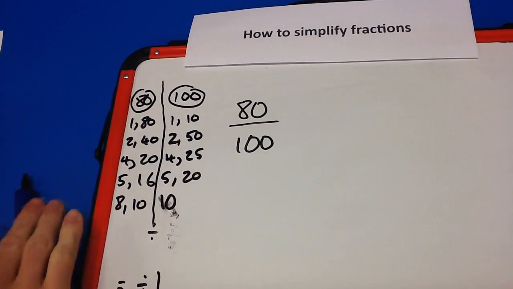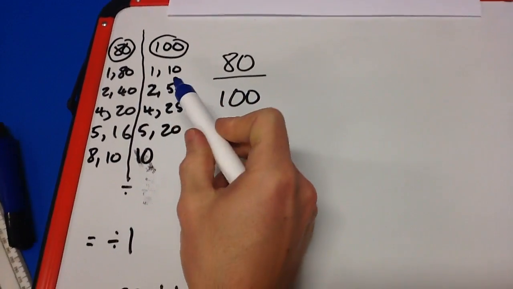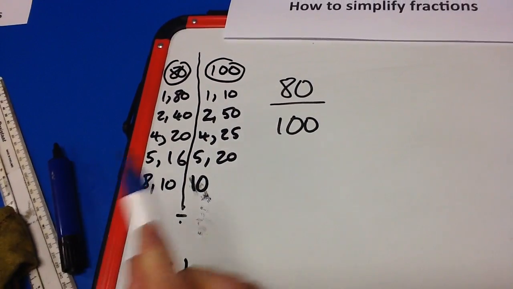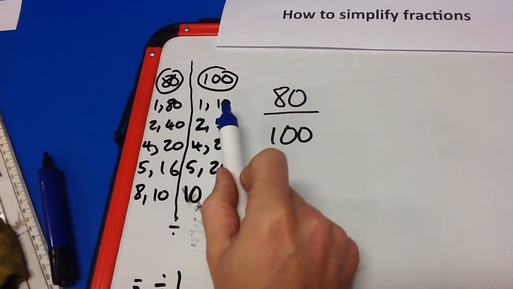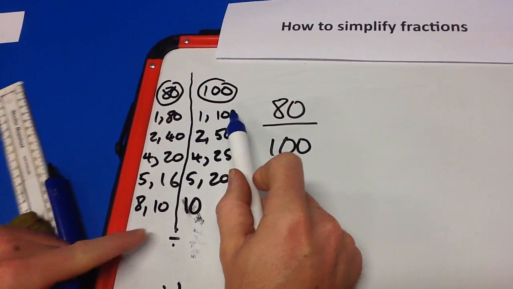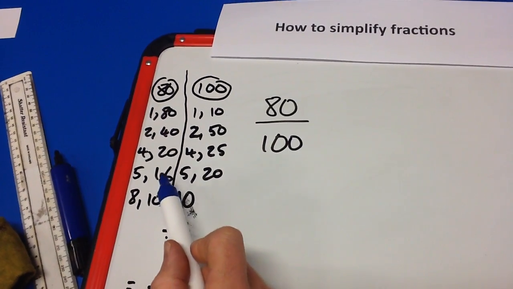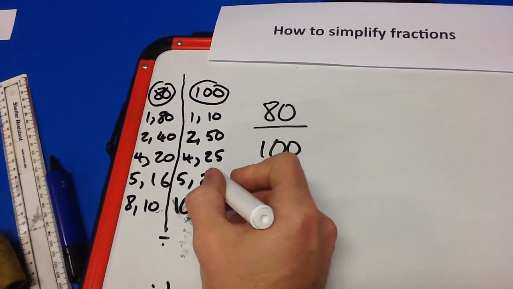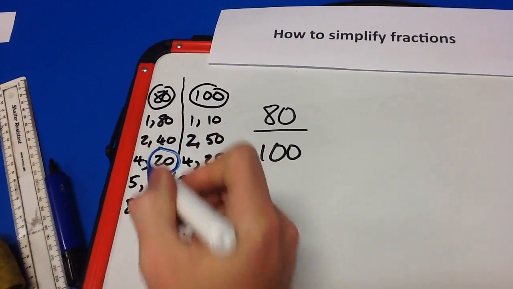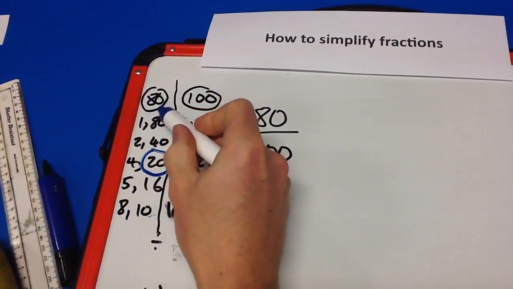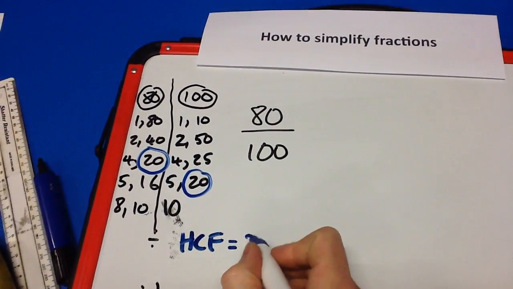Now, to work out the quickest way, you need to do common factors, but the highest common factor. So if you look what is in both, we've got 10 and 10. Any higher? 16, no. 20 and 20. So 20 and 20 is the highest common factor. Highest common factor of 80 and 100 equals 20.